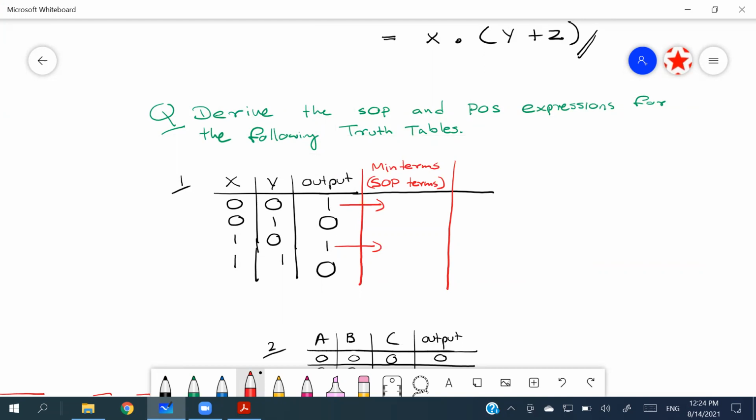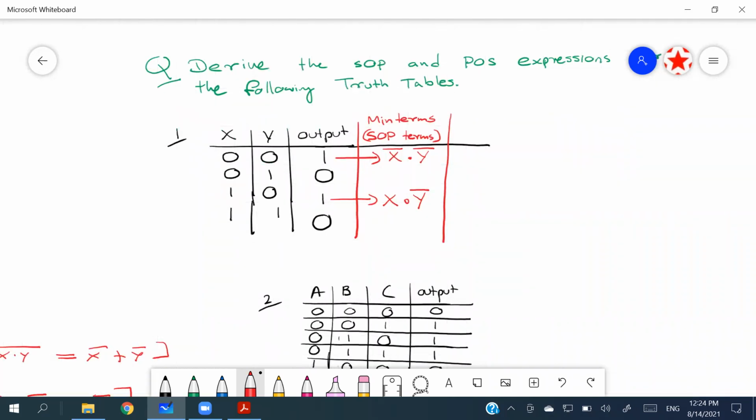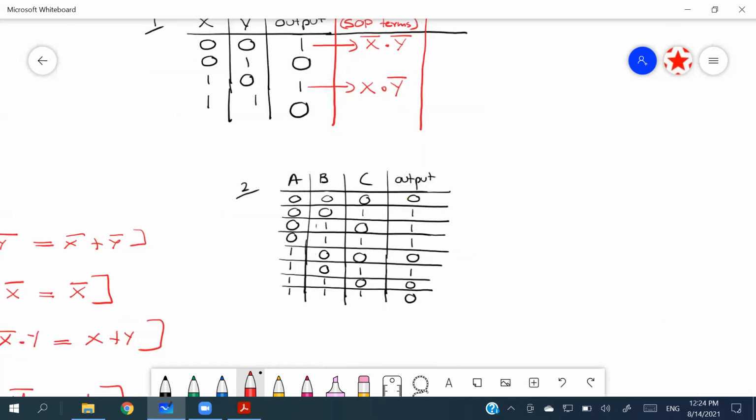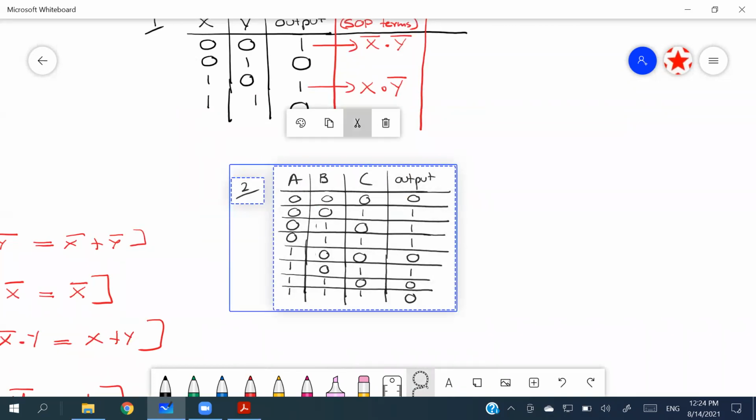So how we are going to write that? Here we got 0 and 0. So we are going to write x bar dot y bar. And for 1 and 0, we are going to write it like x dot y bar. So writing the SOP is easy. How we are going to write the SOP? Let me take this a little bit further down.